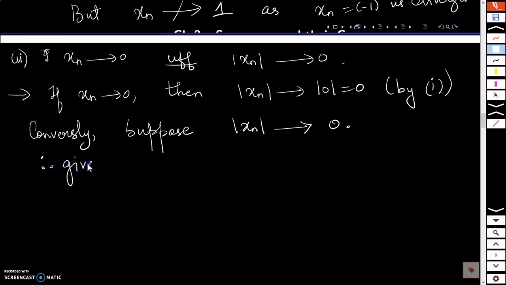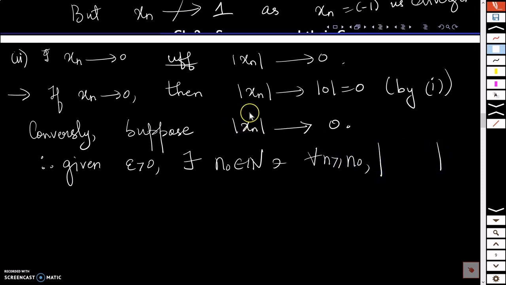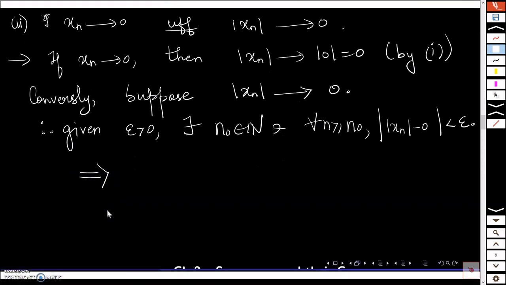Given epsilon positive, I can find a natural number n naught such that for all n bigger than or equal to this n naught, modulus of xn minus 0 is less than epsilon. This implies that mod xn minus 0 will be mod xn only.